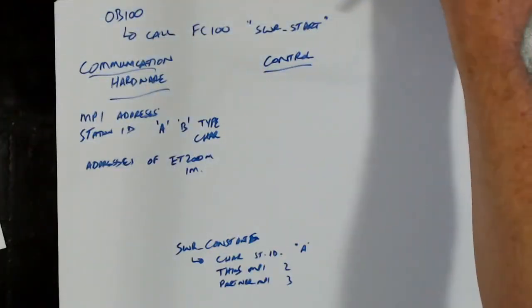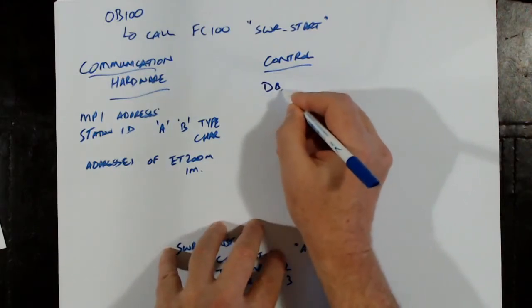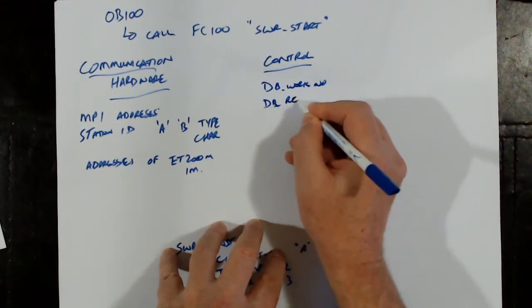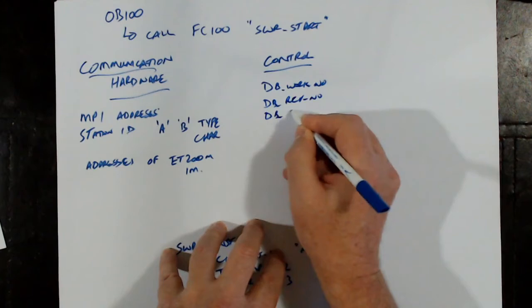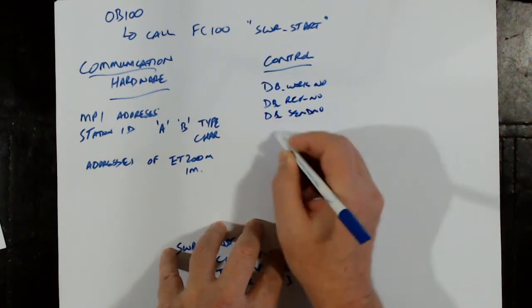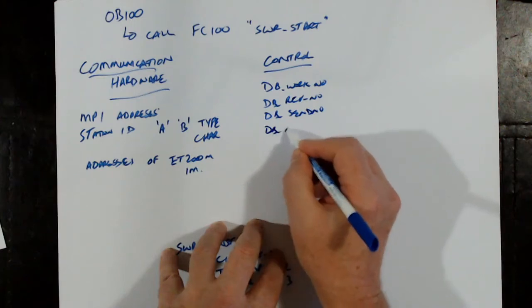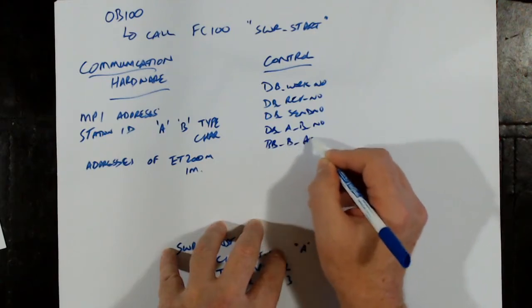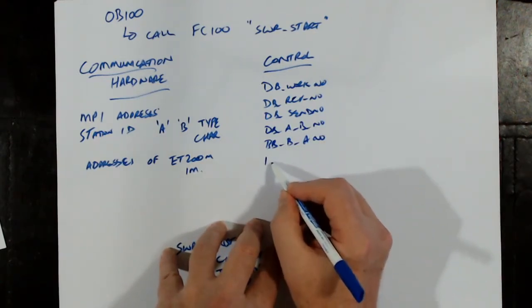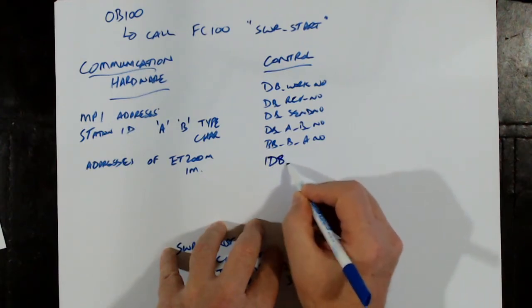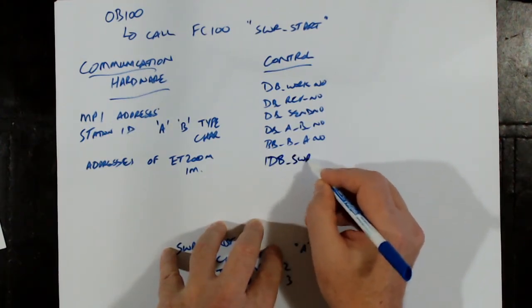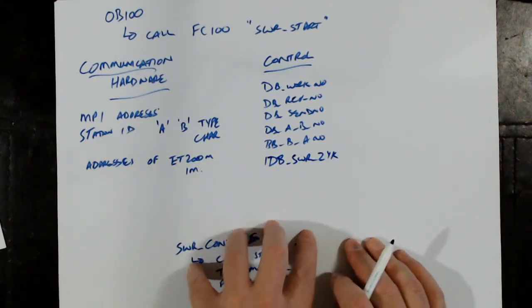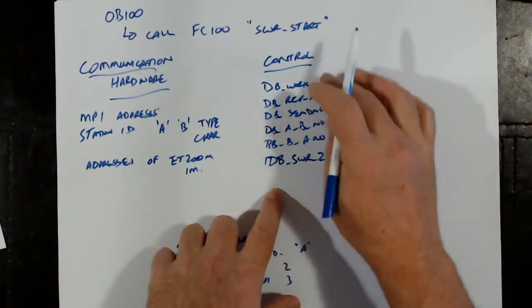So we've got DB work NO, DB RCV NO, DB send NO, DB A to B NO, DB P to A NO, and part of the control as well is the IDB, the instance data block for the call to software redundancy's ZYK. Remember, that was in OB1. So all these are part of the control.